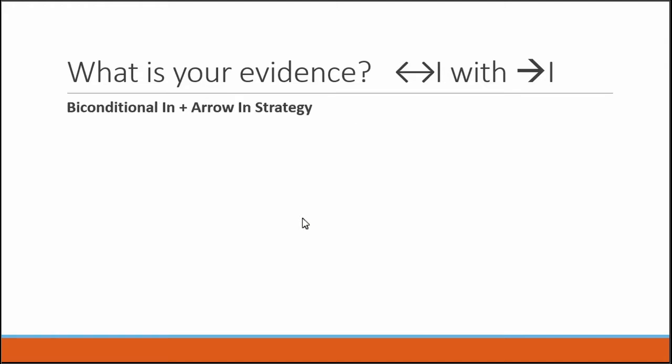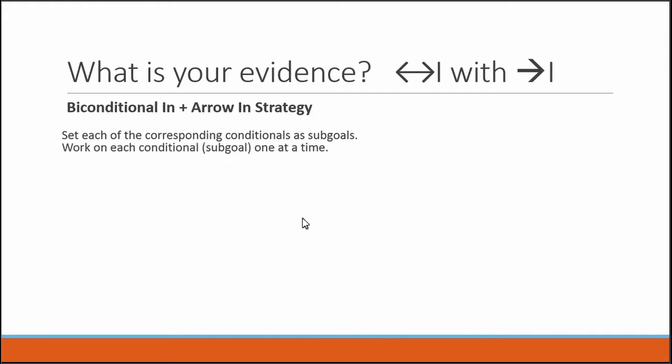So biconditional in plus arrow in strategy works like this. You have your biconditional as your goal or your subgoal, so you're going to set each of the corresponding conditionals as subgoals. And then work on each conditional one at a time.